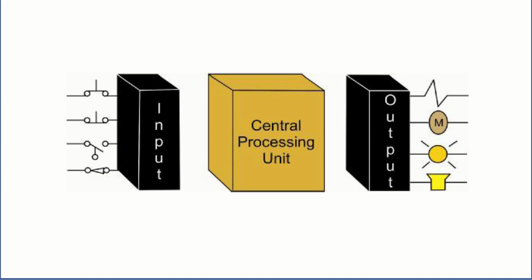Now, a through beam electrical sensor is a particular type of photoelectric sensor where there is a source and there is a receiver. The source is connected to one side of the conveyor and the receiver is connected to the other side of the conveyor in a manner that the optical path is perfectly aligned.